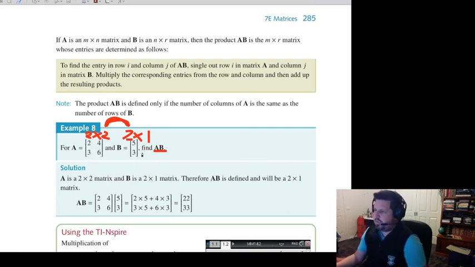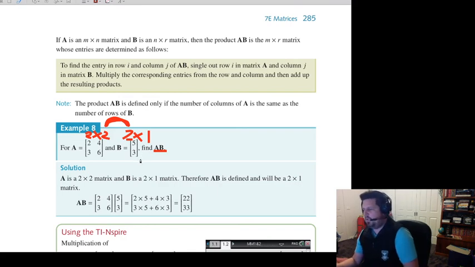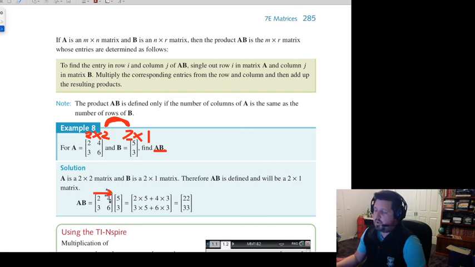Cool, so let's go and do the calculations. We're going across the row first, sorry, and down the column. So here you would do 2 multiplied by 5 plus 4 multiplied by 3.